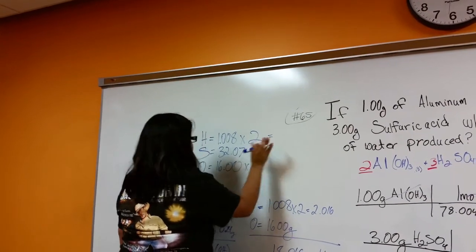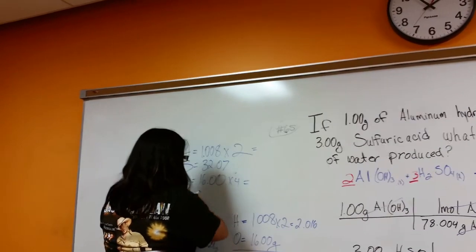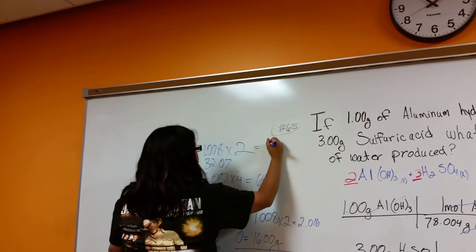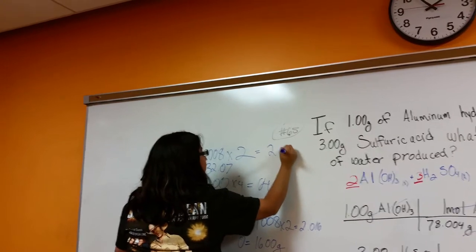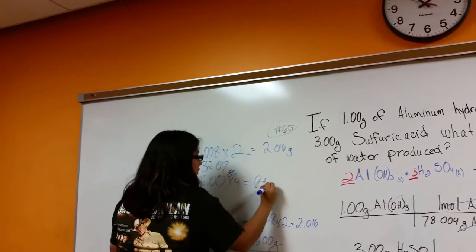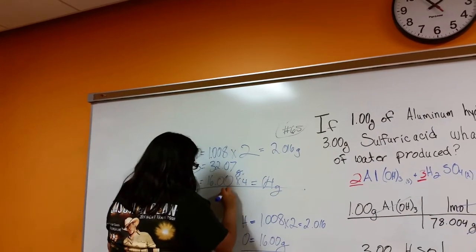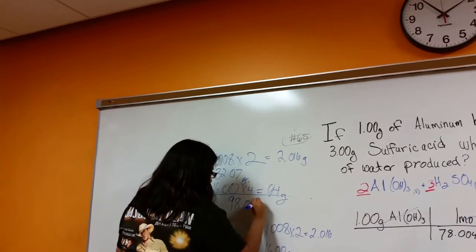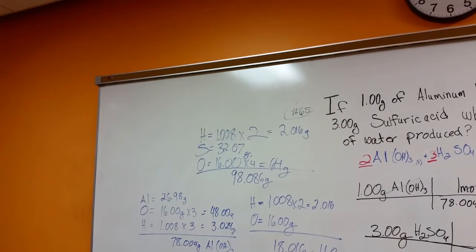Well, we don't need that for the sulfur, because 32 times nothing is 32. There we go. So our oxygen is going to be 64. Our hydrogen is 2.016. And these are all grams. When you add all of those up, you're going to get 98.086 grams. Yay. No more chair.